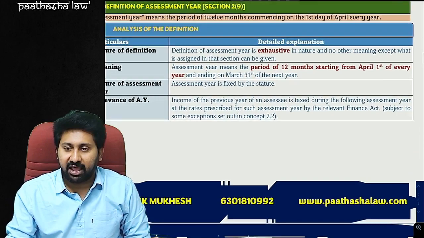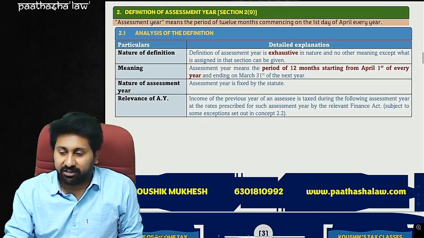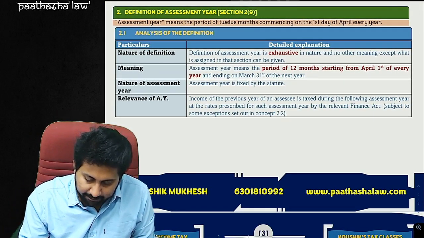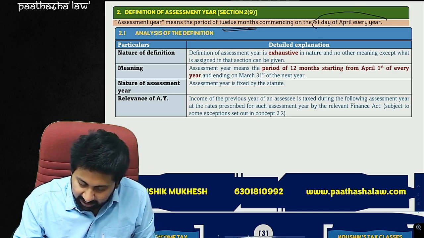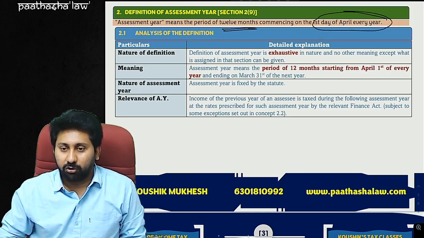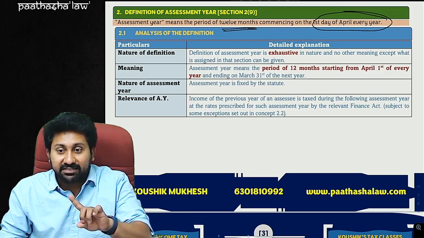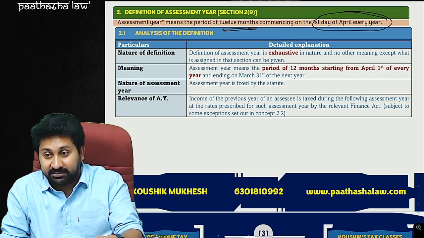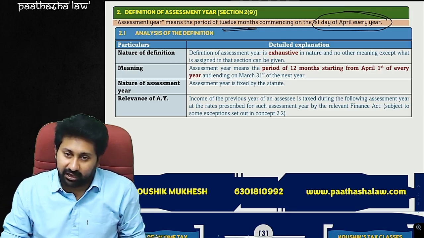You can have a glance over it directly. What is an assessment year? Assessment year means a period of 12 months commencing on the first day of April every year.